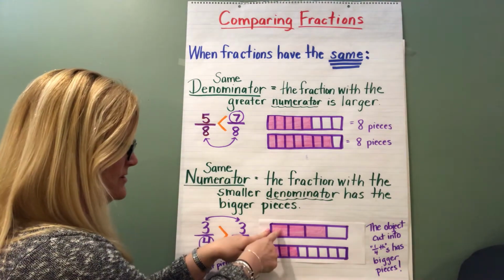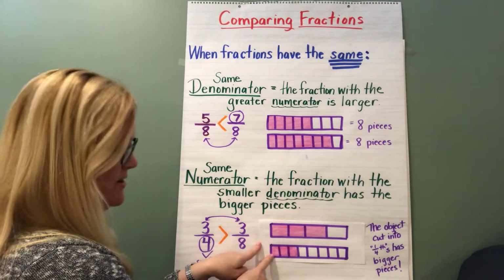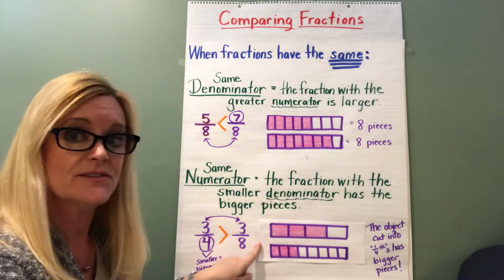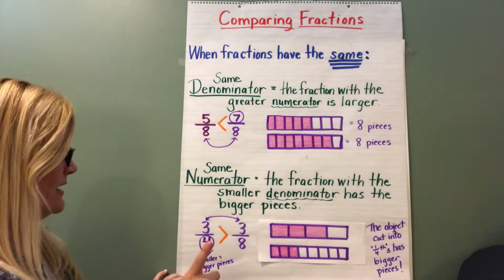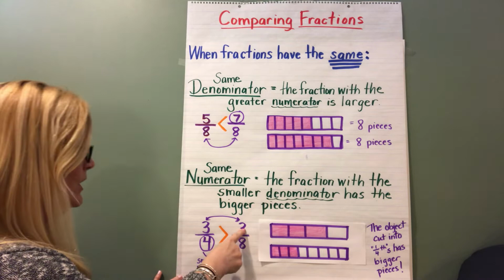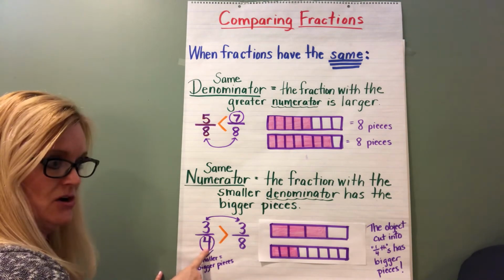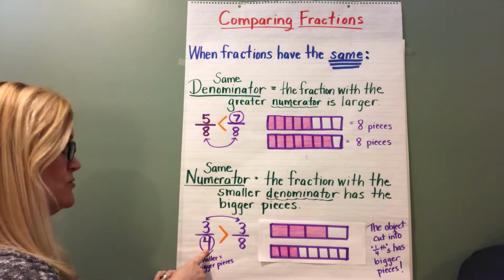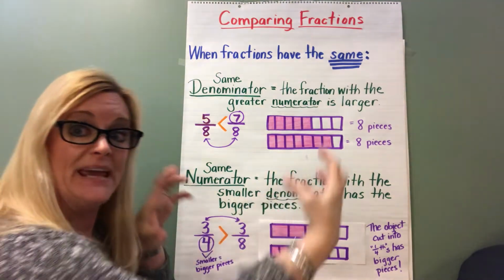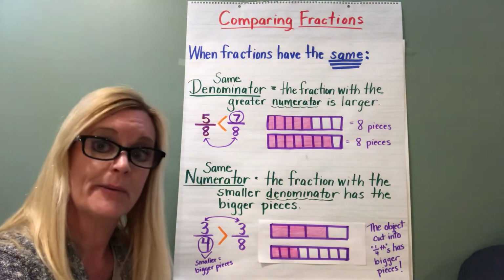So if 1/4 is bigger than 1/8, then 3/4 is going to be bigger than 3/8. So the trick when you have the same numerator is to pick the fraction with the smaller denominator, because that means those unit fraction pieces are bigger, so you will automatically have a larger amount.